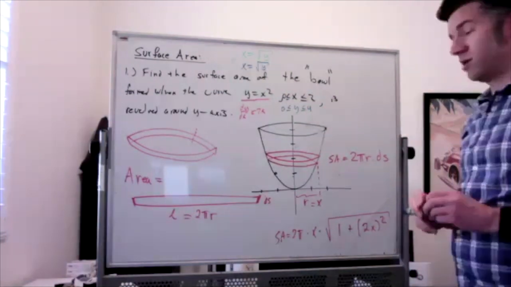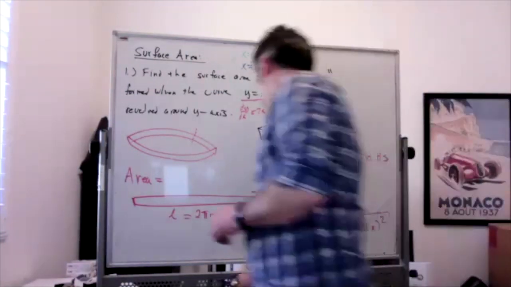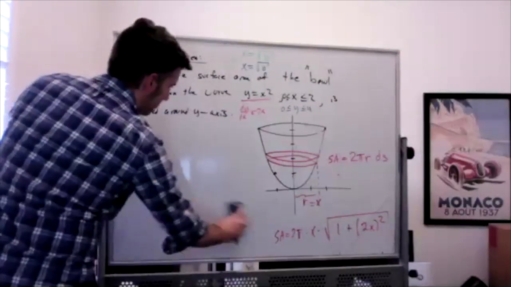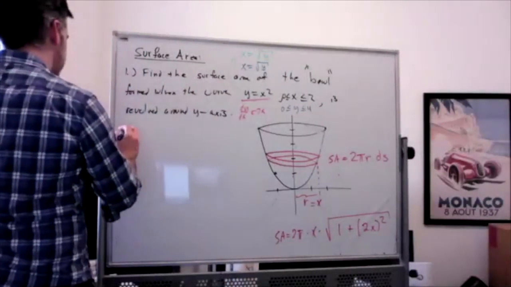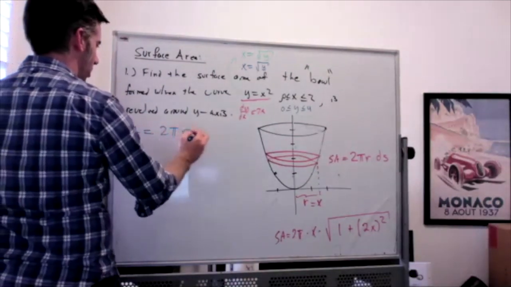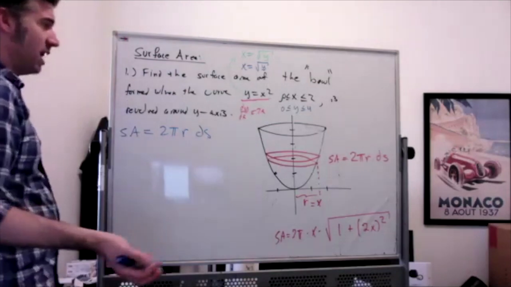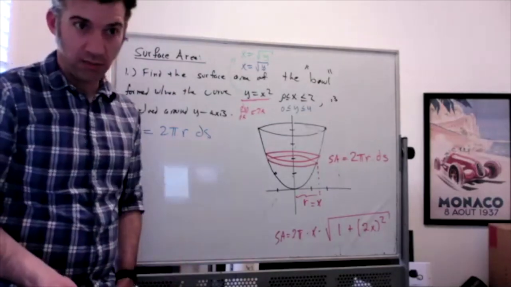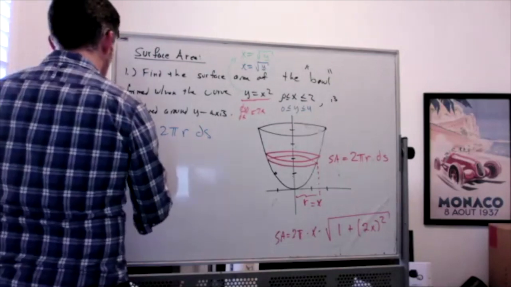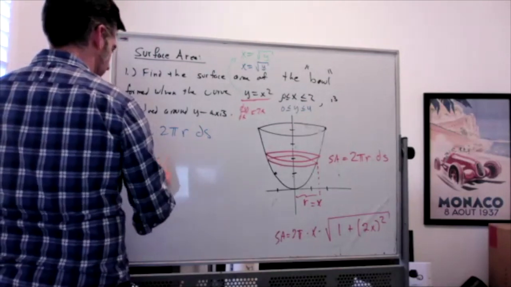The formula is still the same, but it's different. The surface area is still 2 pi r ds, but now we're doing things in terms of y. I'm going to leave the radius off for a second.